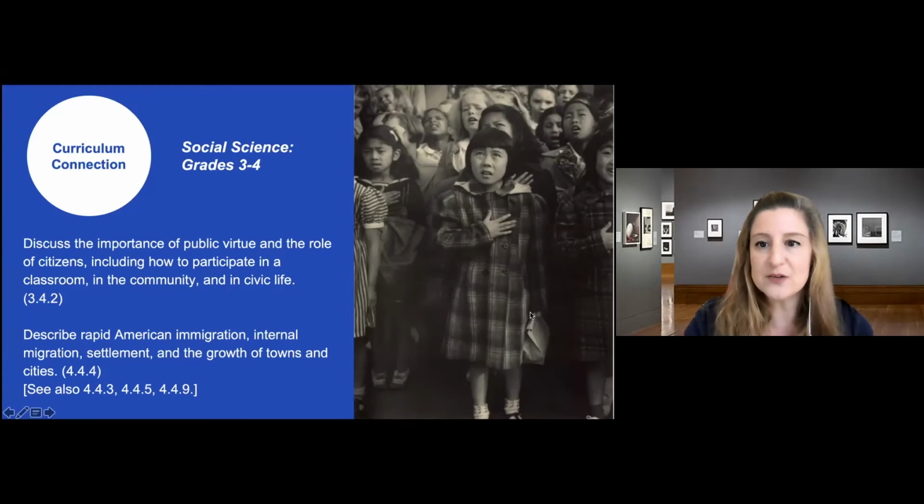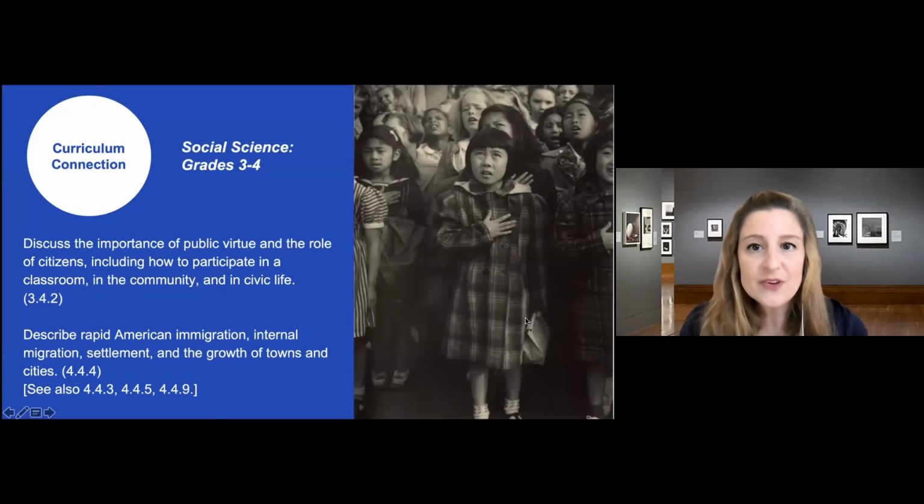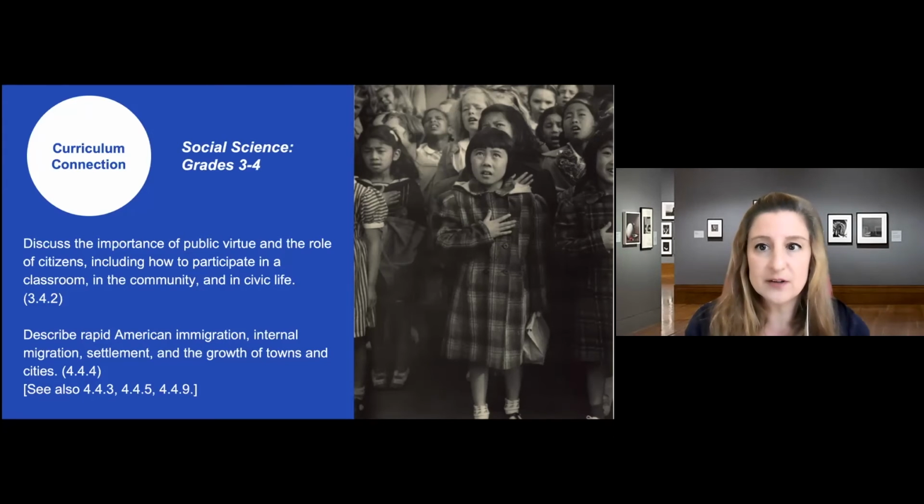This image by Dorothea Lange is connected very deeply with the social science curricula. I've called out a couple of standards for 3rd and 4th grade and noted a few others for 4th grade as well. And you can probably find others. So for 3rd grade, discuss the importance of public virtue and the role of citizens, including how to participate in a classroom, in the community, and in civic life.